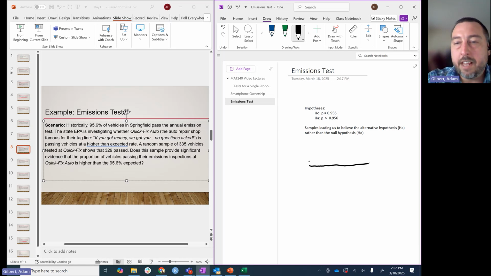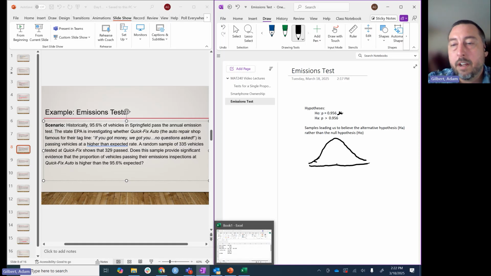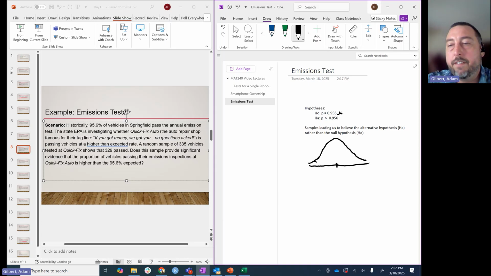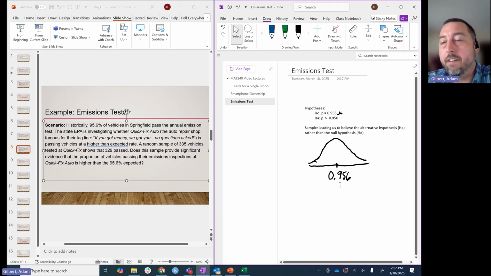We're assuming that the true population proportion is 95.6%, so we're assuming that null hypothesis. That would mean that in the middle of this sampling distribution is a proportion of 0.956. Again, we know when we go out and collect sample data, we'll get values hopefully around 0.956 because that's the center of this distribution.